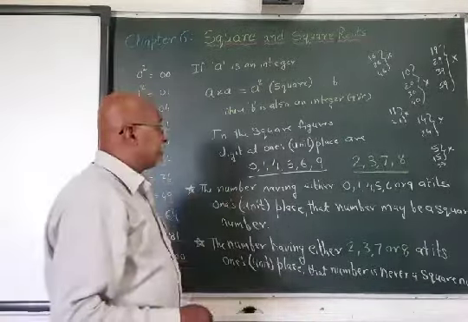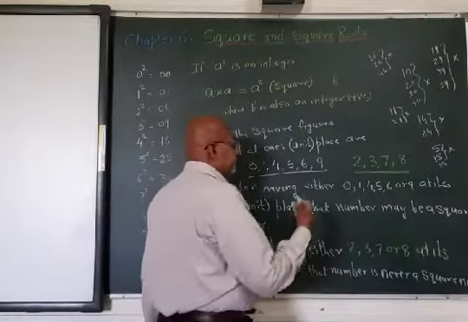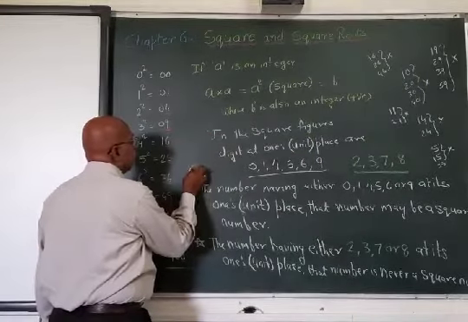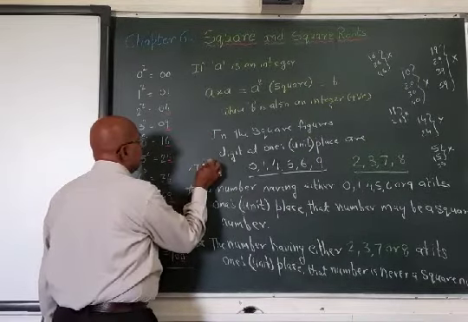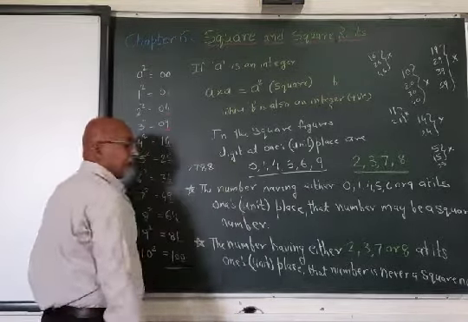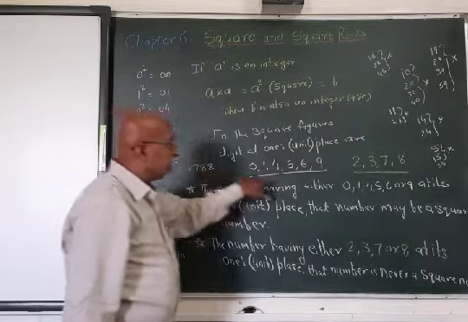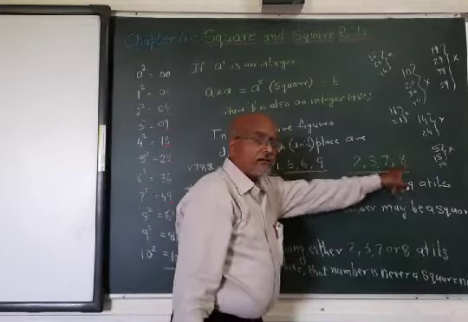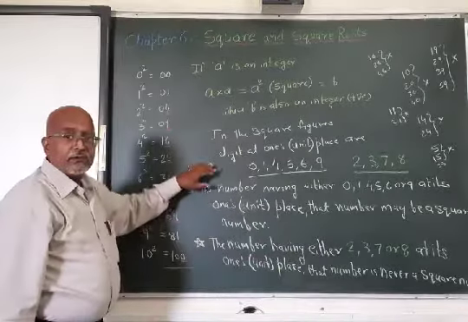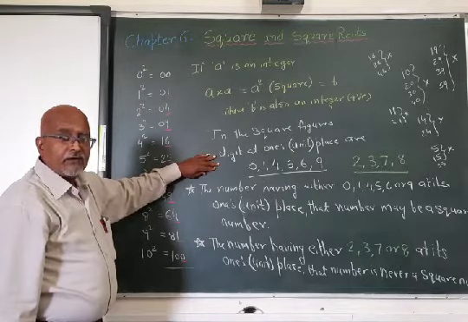Now if a number is there, for example, if the number is 2788, here I can see at the unit place 8 is there. Now in this definition it is never a perfect square, so we don't need to find out the prime factorization.